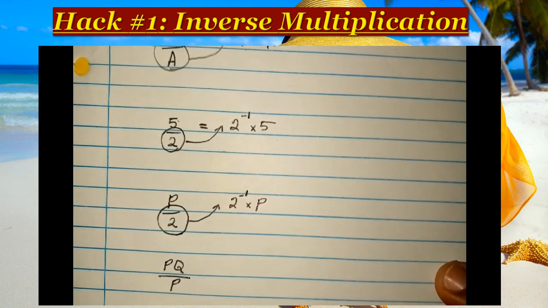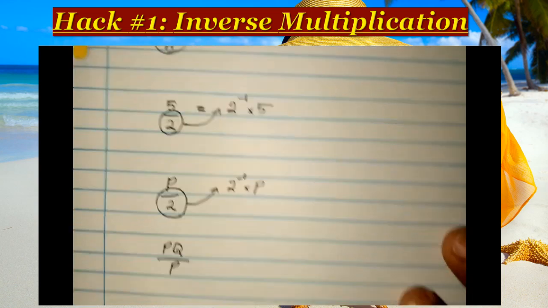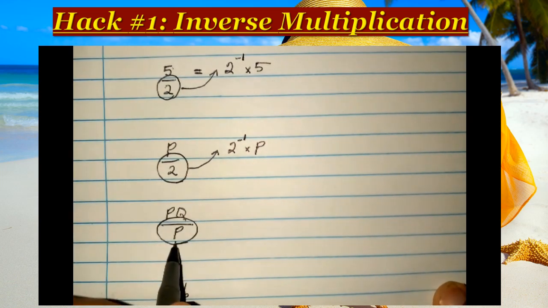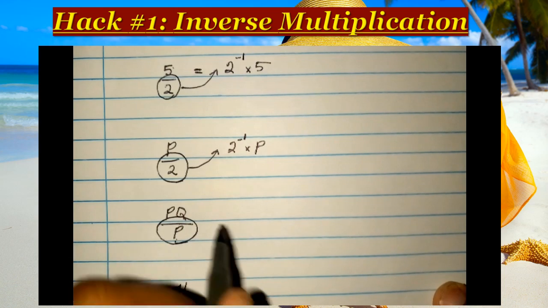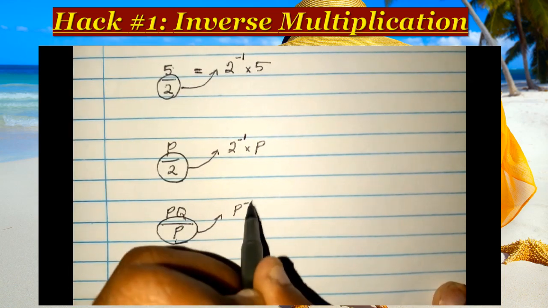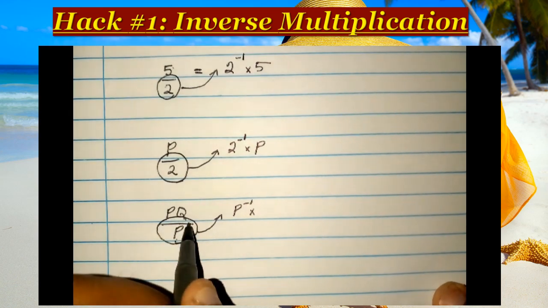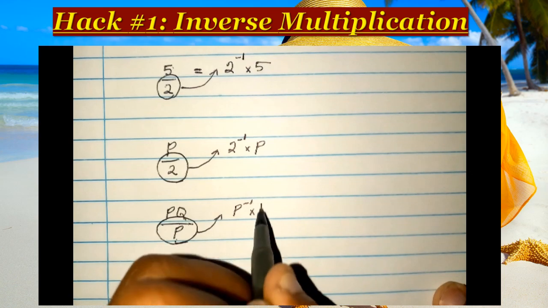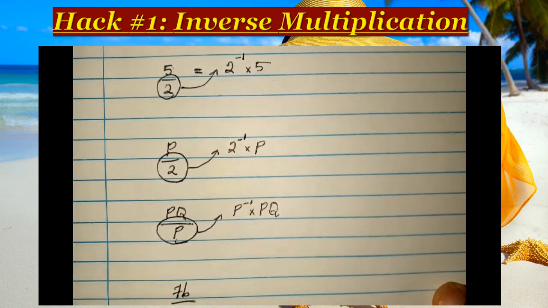Easy. Let's keep going. Here we have PQ divided by P. Remember, there's no dividing in matrices, so we have to rewrite it. So I'm writing the divided by P as P inverse times the numerator, and the numerator in this case is PQ.